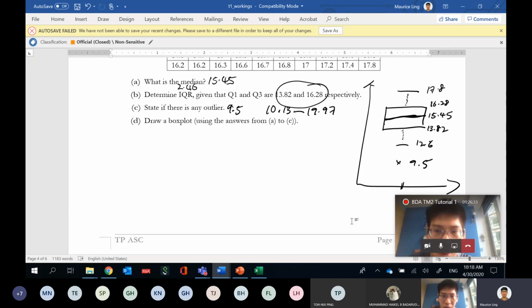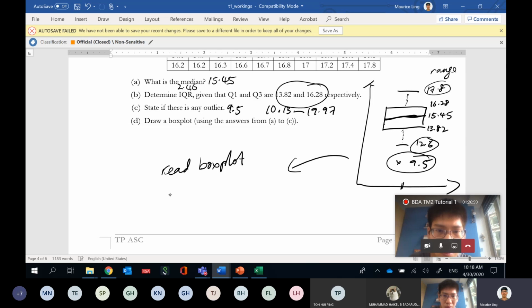Even then, there are many conventions of drawing box plots. Some people will draw the two whiskers as the actual range of the data, then there is no outlier. Makes sense, right?